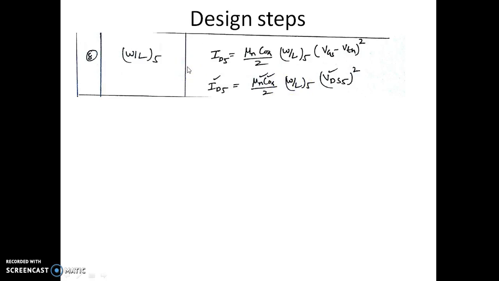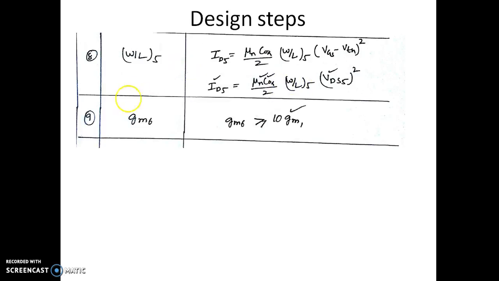Once we are through with WL of 5, next it is to find GM6. We derived this expression in the previous video by equating that the zero should be located at least 10 times that of omega GC. Using that relation, GM6 should be greater than or equal to 10 times GM1.